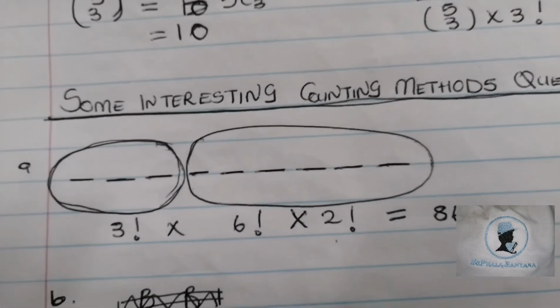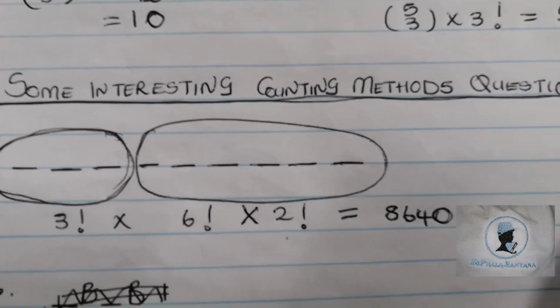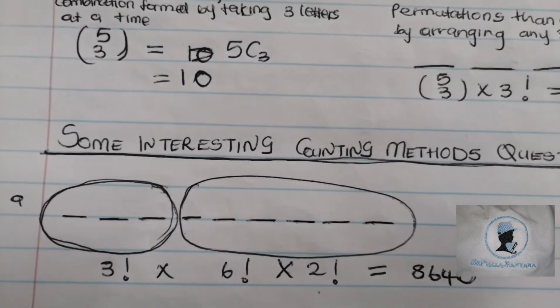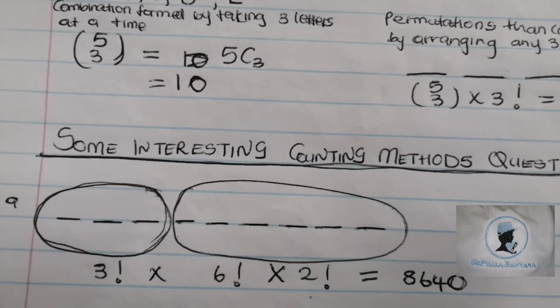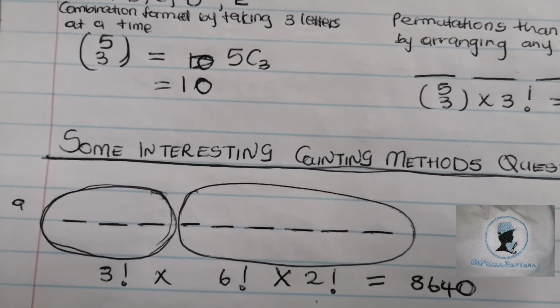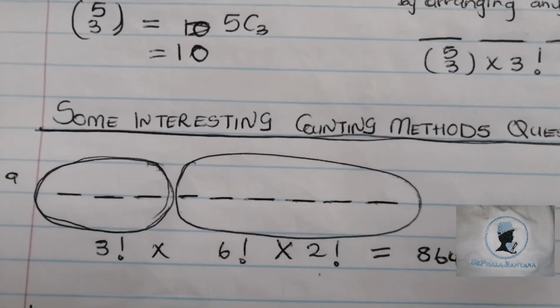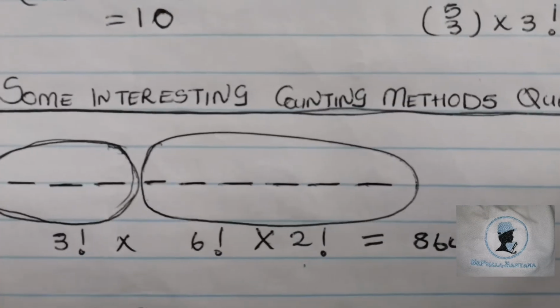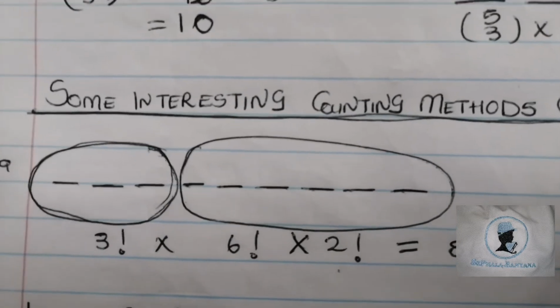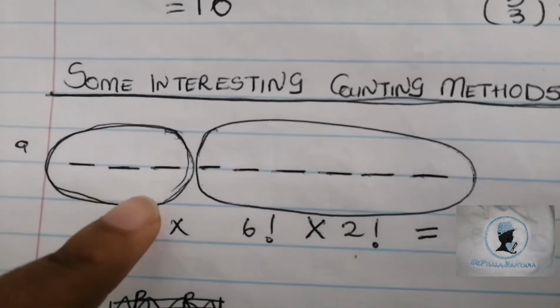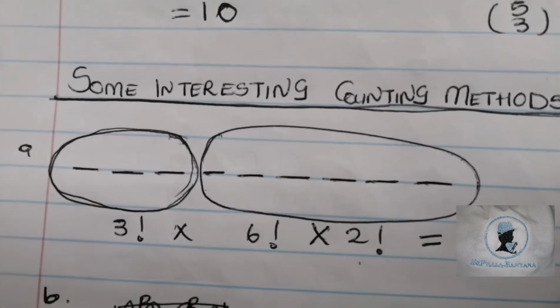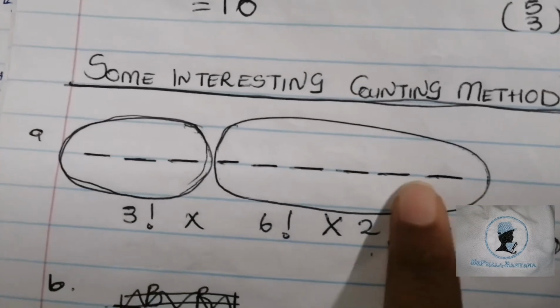So this is how we do it. Here is just a visual representation that I'm going to use so I can try and explain this better. We know that we have 3 girls and we have 6 boys, right?